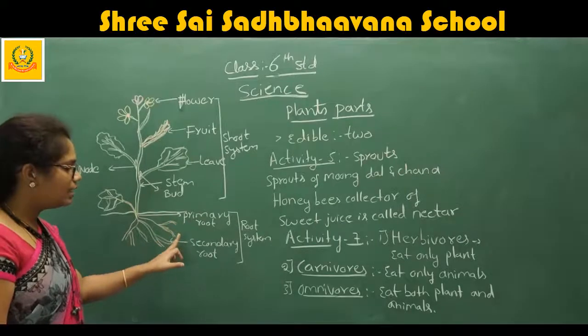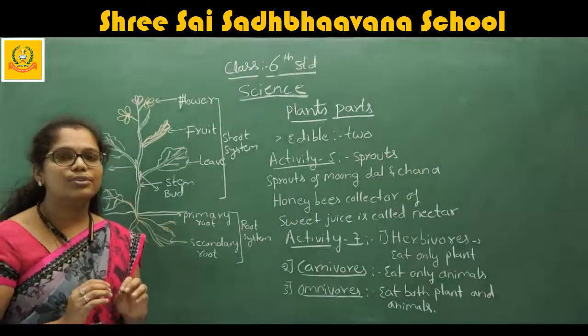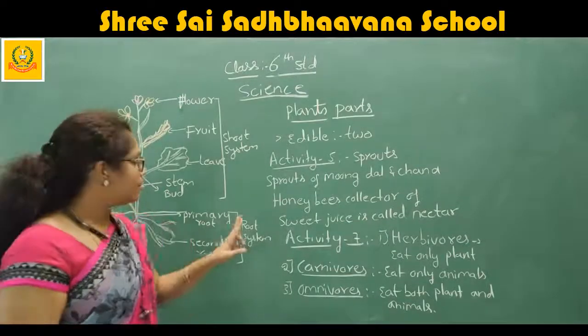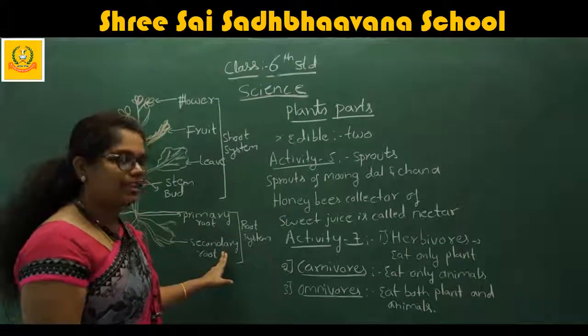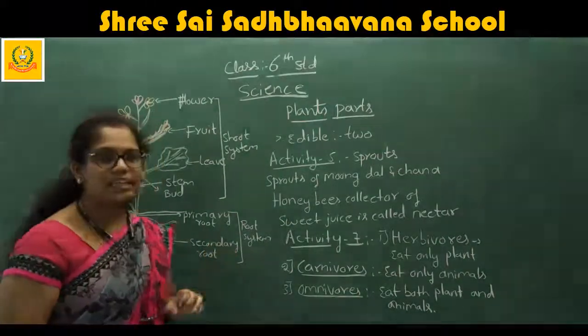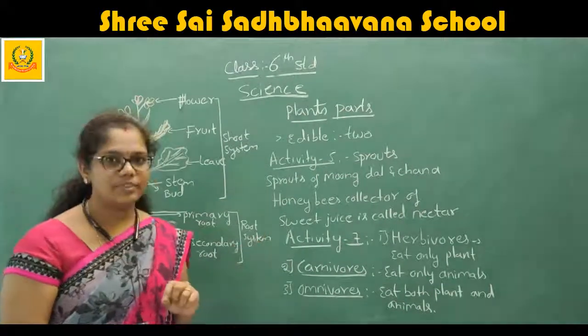The primary root and the secondary root all together are called the root system.